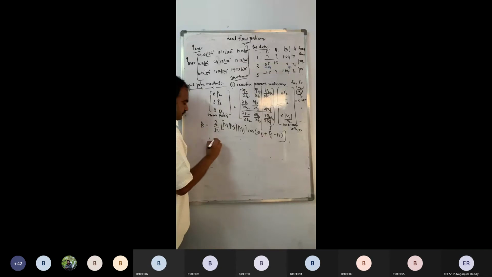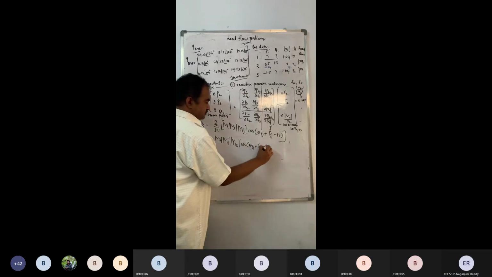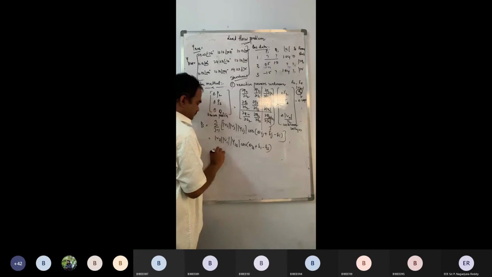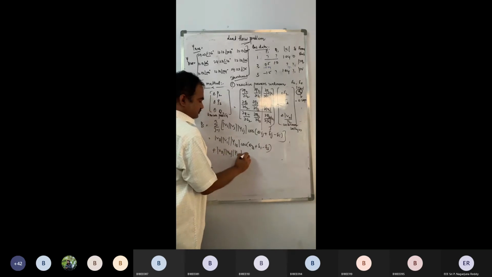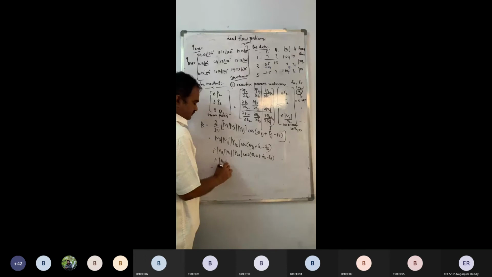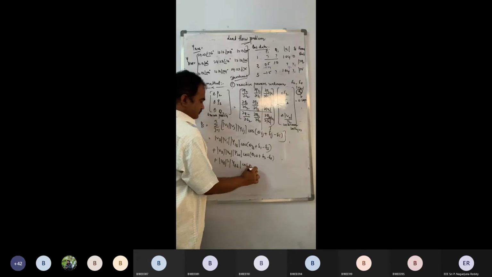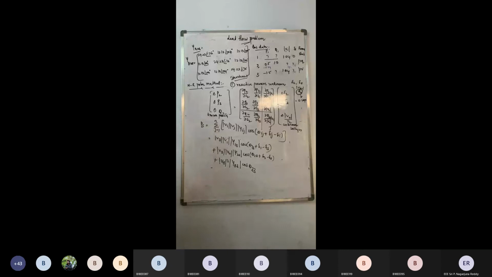So it is mod V3, mod V1. This is the formula.